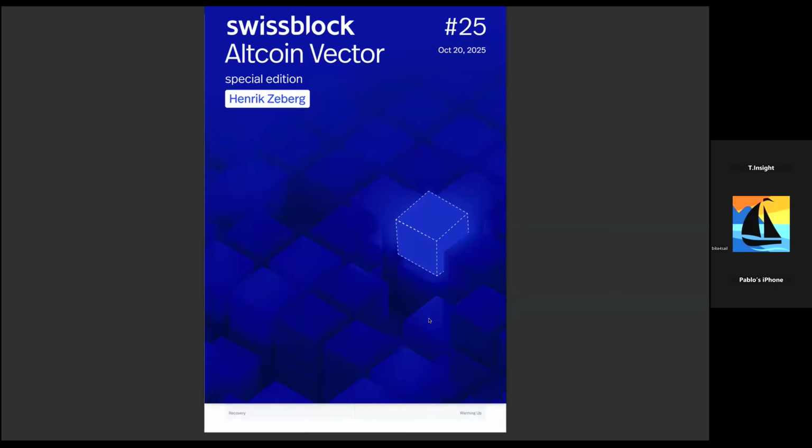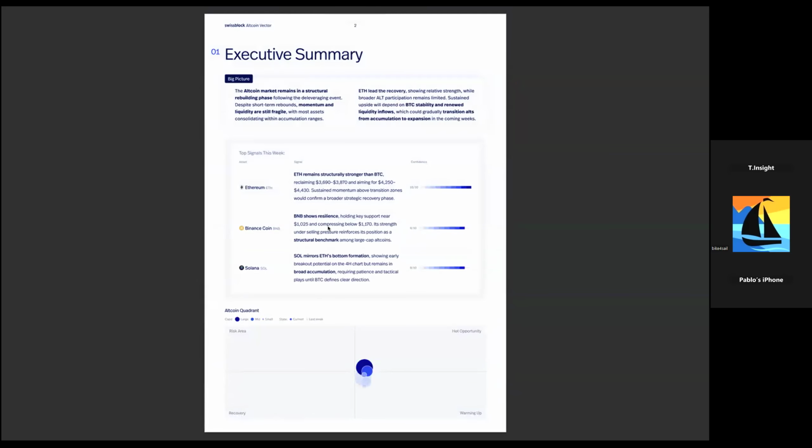Going into the altcoin vector report, we will see that what they're highlighting in this report is Ethereum looking a lot stronger than Bitcoin and showing more strength than Bitcoin in the sense of structure wise, not necessarily in price movement, right?